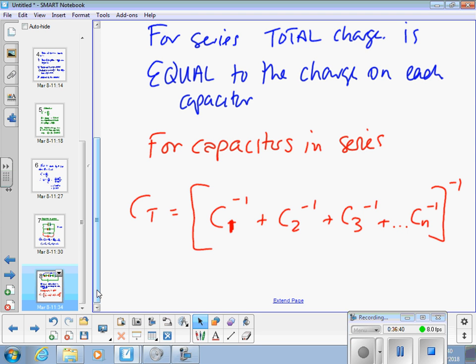So connecting them in series reduces the overall capacitance. The total is going to be less than the smallest one in the circuit.